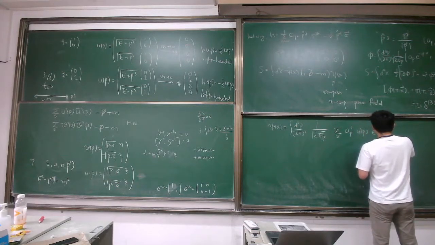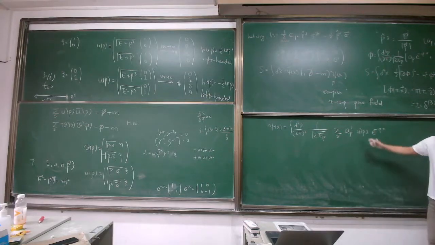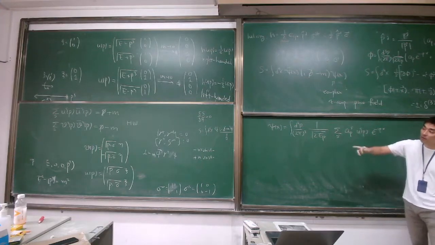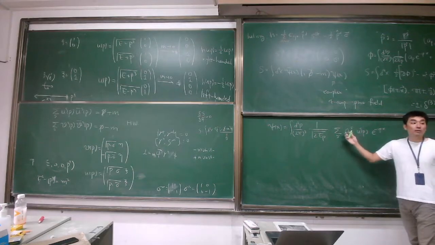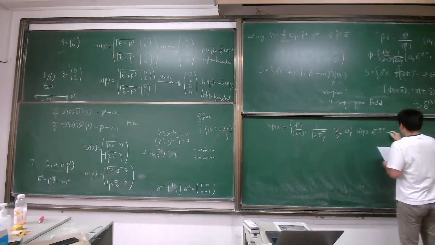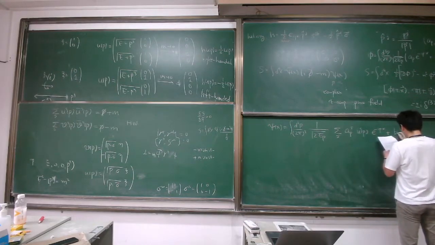This is a plane wave equation. Essentially, this part is the same as the plane wave equation we considered around here. Okay, but we have a Fourier momentum. And plus b_p^s dagger.